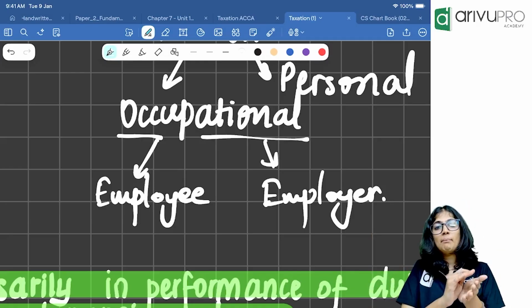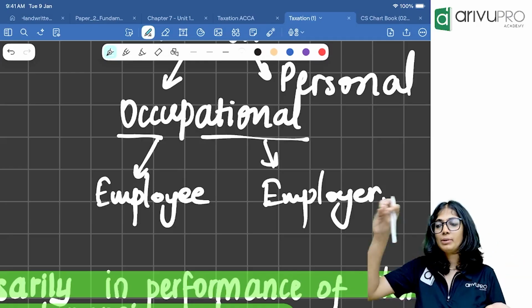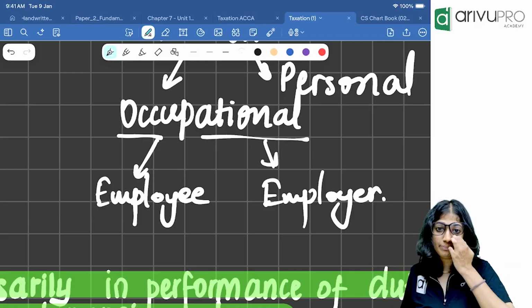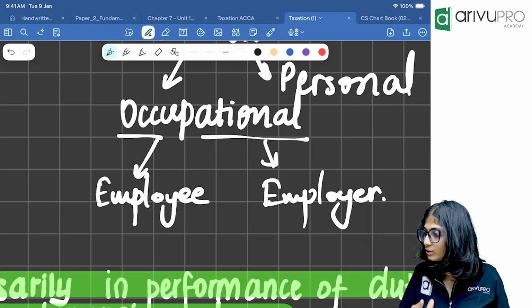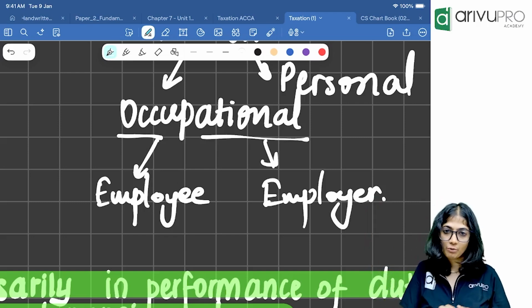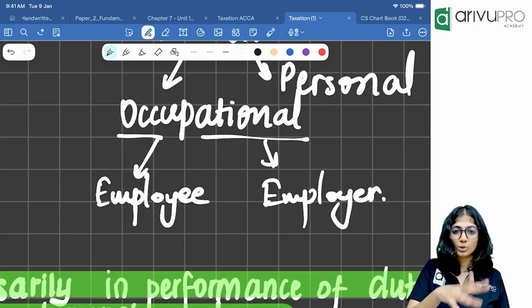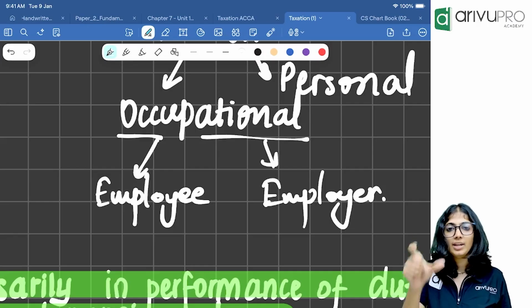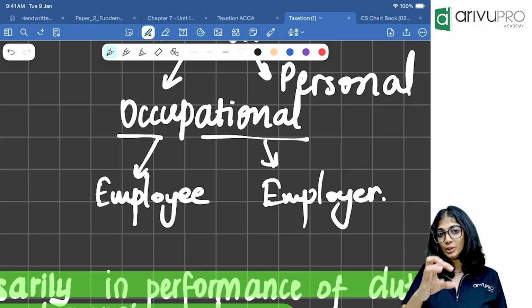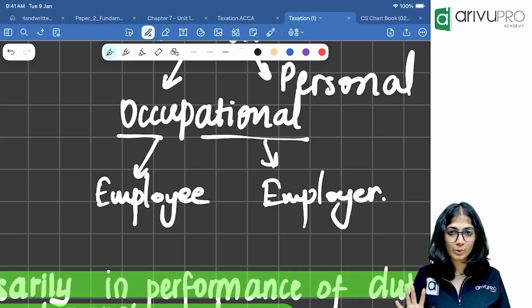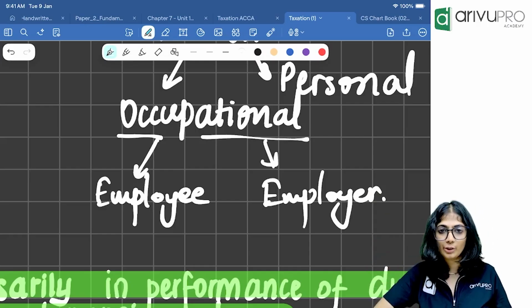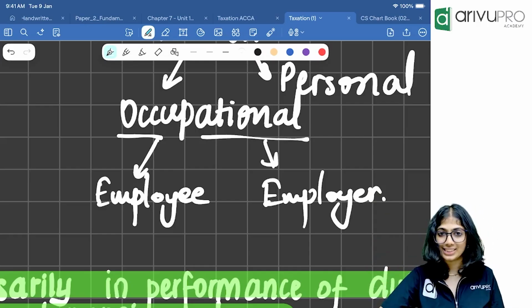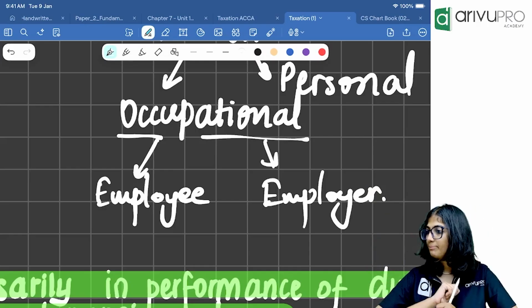And you as an employee, from your salary, they deduct a little bit and provide it to the pension scheme. So even if your actual salary is 45,000, they will deduct 2 or 3,000 from your salary, depending on the company. In hand you will get 42,000. That 3,000 will be provided to your employer's occupational pension scheme.